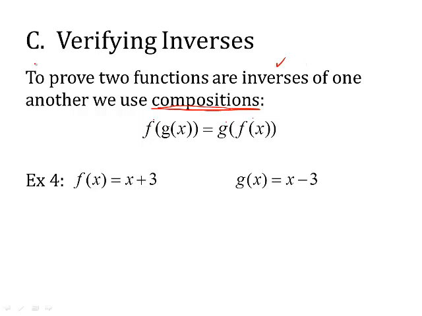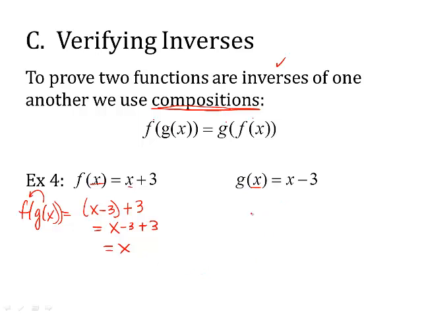Okay, so let me just show you what I mean. So we're going to do f of g of x first. Okay, so here's f, here's g of x. So that means g goes into f, right? So I'm going to replace this x with g. If I solve that down, I get x minus 3 plus 3, which is just x.